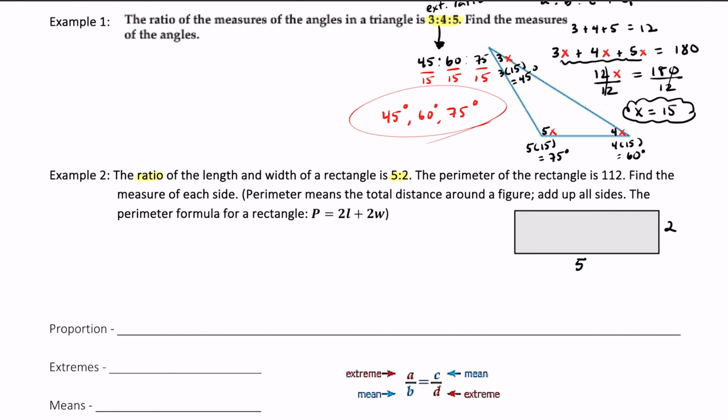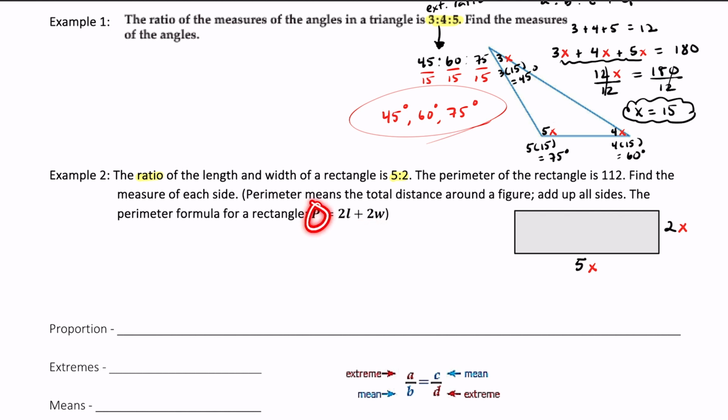We actually have to put a variable right next to them. So I put an x here and an x there, and I'm going to use this formula that I have here. The perimeter formula for a rectangle is 2 times the length plus 2 times the width.